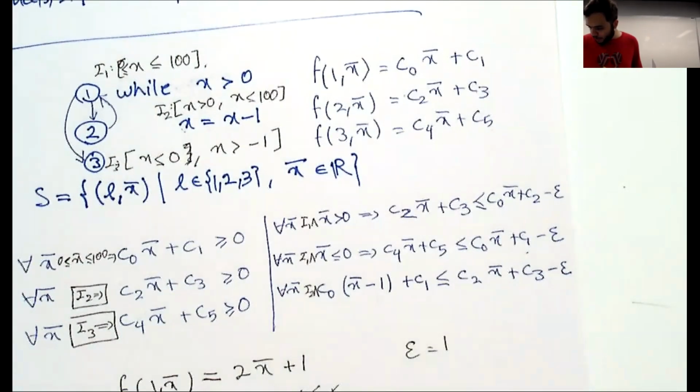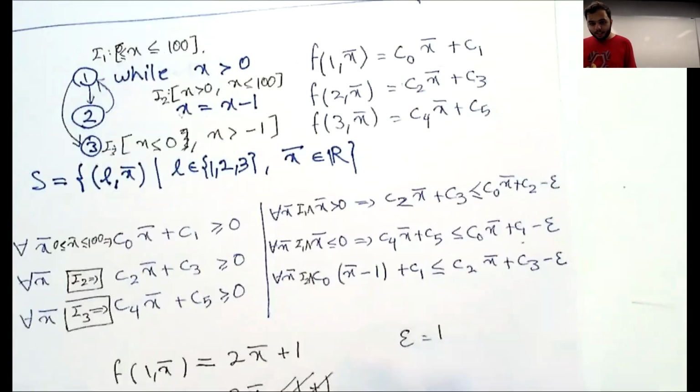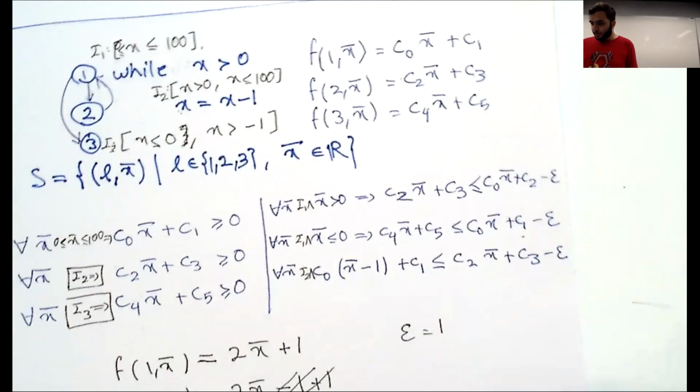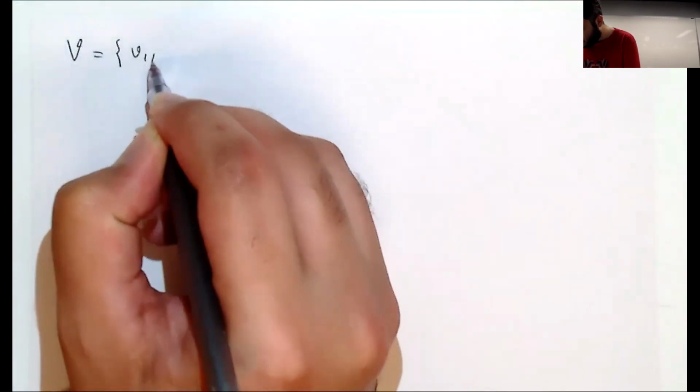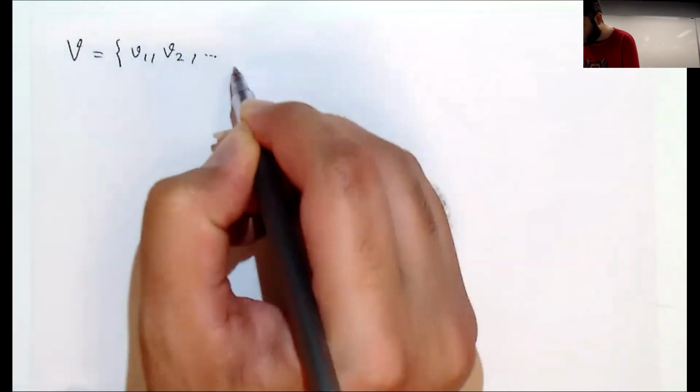So in the linear world that we are in, we have to basically solve a bunch of constraints that are like this. So I'm going to write actually the general form of the constraints that we are trying to solve. So let's say that the set of variables in my program is v1, v2 to vr.